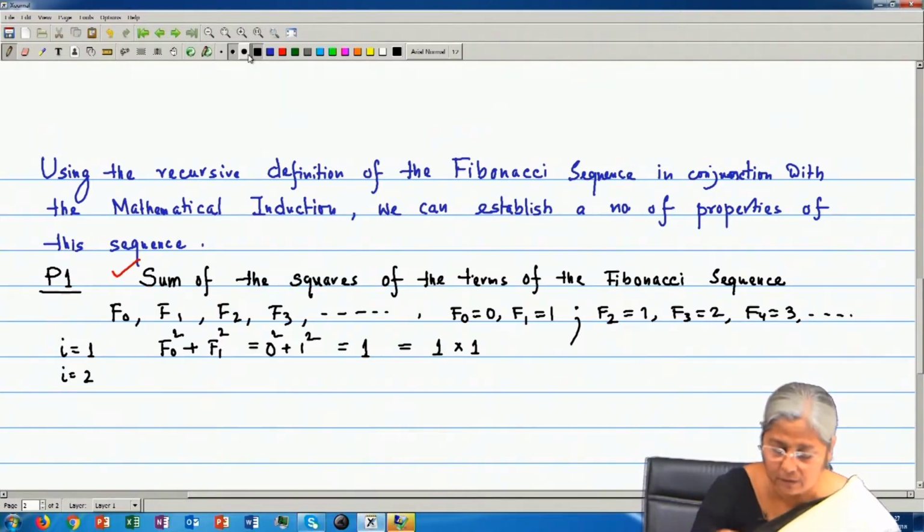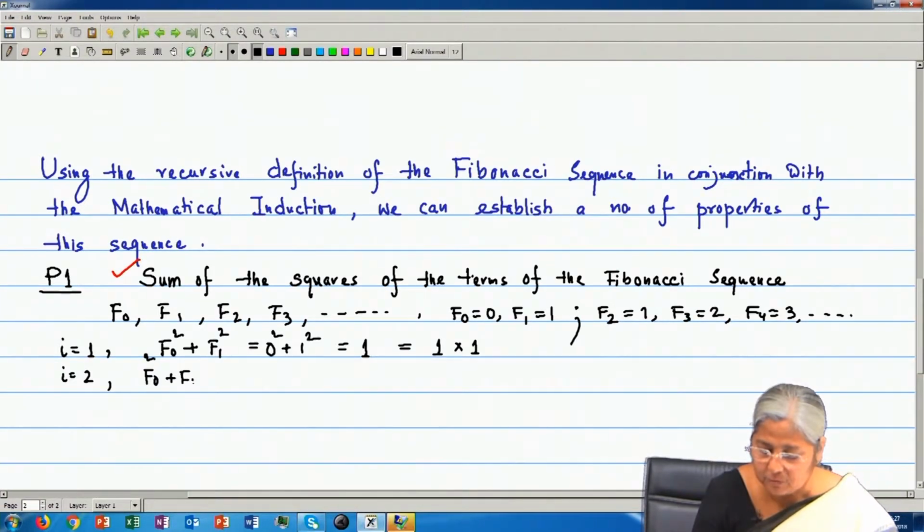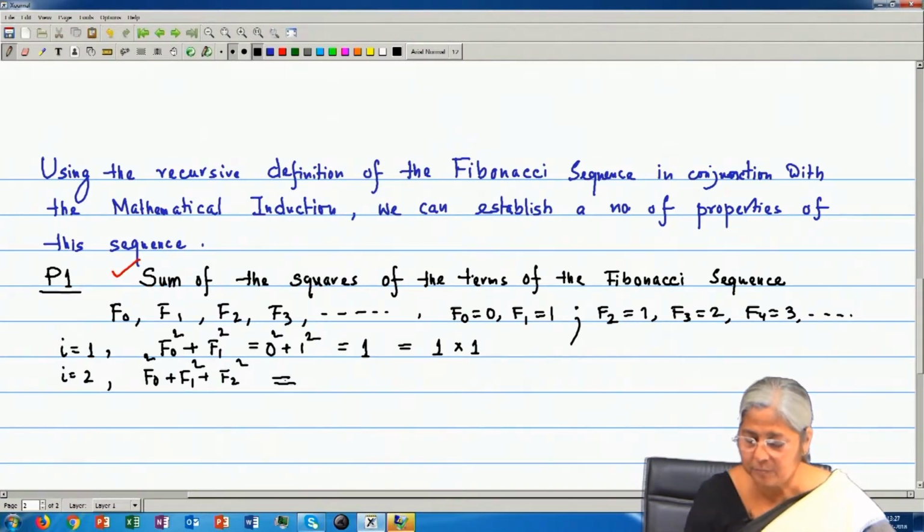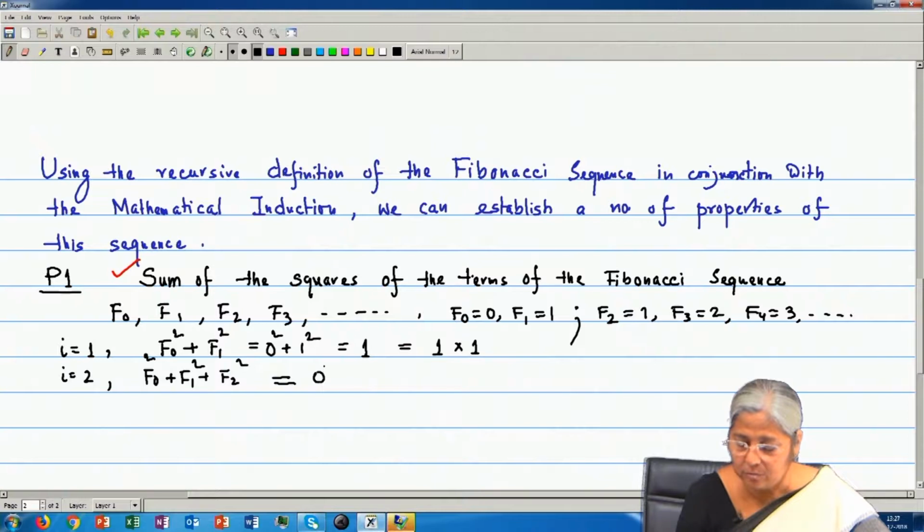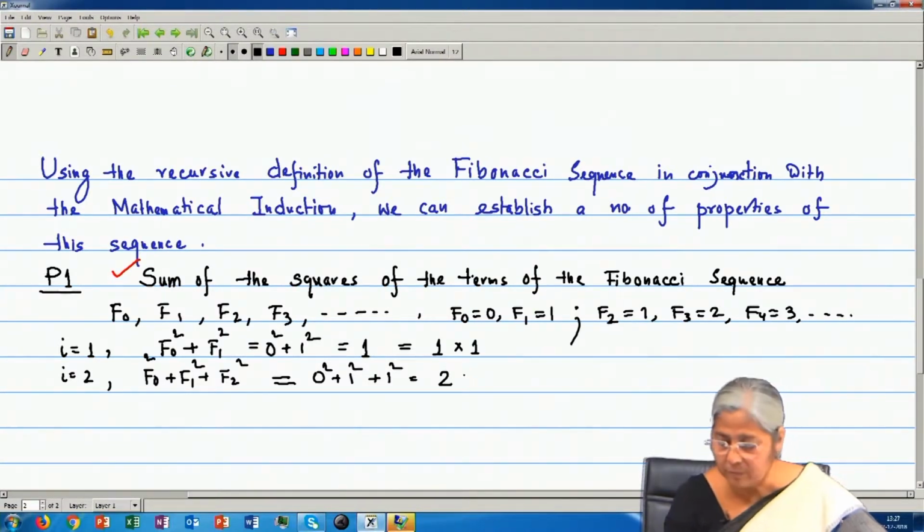If i equal to 2, then the sum becomes f0 square plus f1 square plus f2 square, which is 0 square plus 1 square plus 1 square, that is 2, and this becomes 1 into 2.